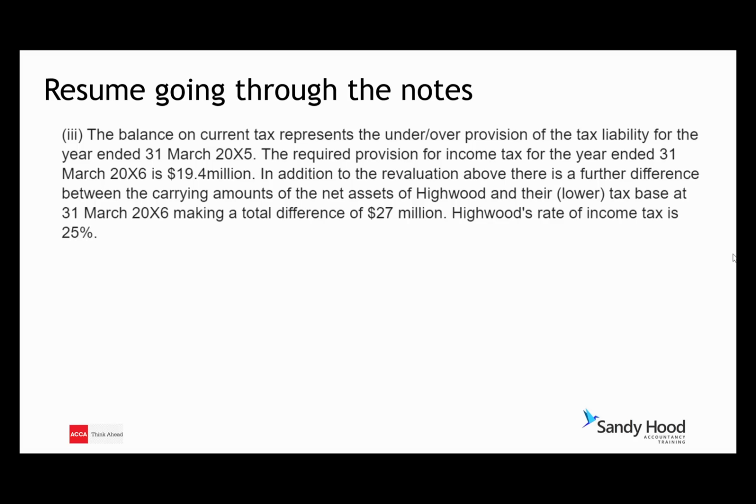In addition to the revaluation, there is a further difference between the carrying amounts of the net assets and the lower tax base at the 31st of March. So we know here that because it's a lower tax base, we must have a deferred tax account which is going to be a liability, and the difference is 27 million. The tax rate is 25%. It isn't going to be too hard to figure out what our closing deferred tax is.